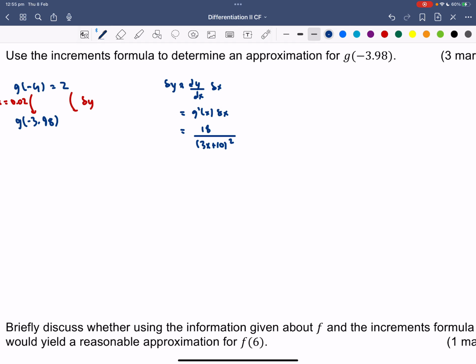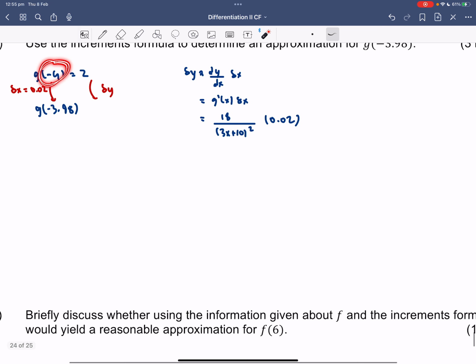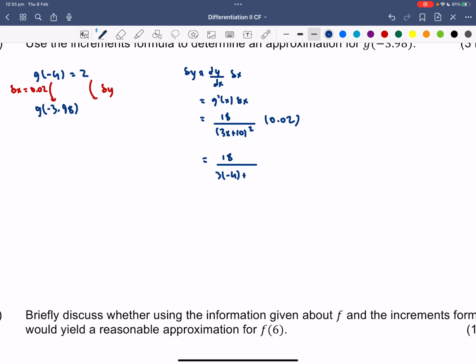All right, times by the change in x. The change in x was 0.02. That should be easy. Where do we change it? When x was negative 4. So we just sub negative 4 into here for x. 3 times negative 4 plus 10 squared times 0.02.